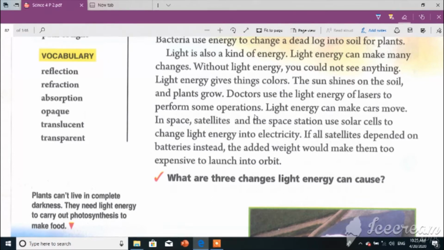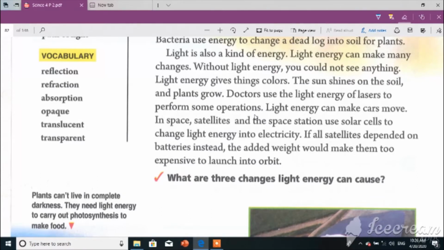Light energy can make cars move. How? Some machines use energy from light to generate electricity. These cars have a machine that generates electricity from light energy.